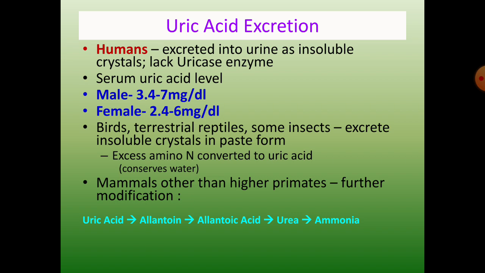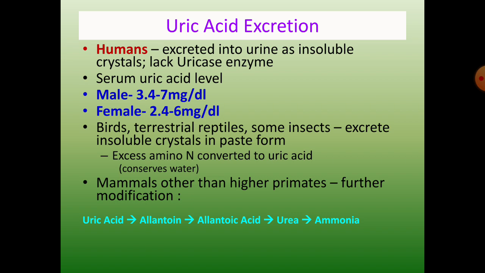Keeping that aside, let's see what uric acid is and how it takes its course of action. Once it is formed, part of it will be excreted into urine as insoluble crystal. Since we lack the uricase enzyme, we excrete it as uric acid.